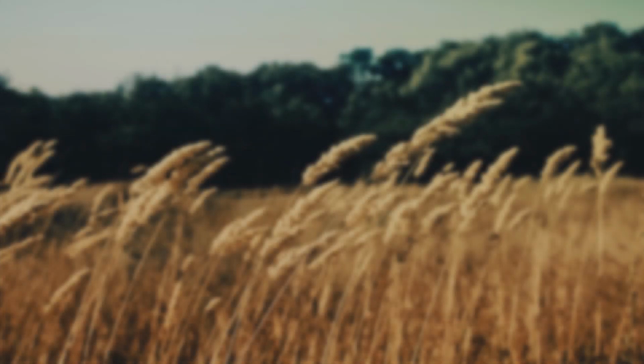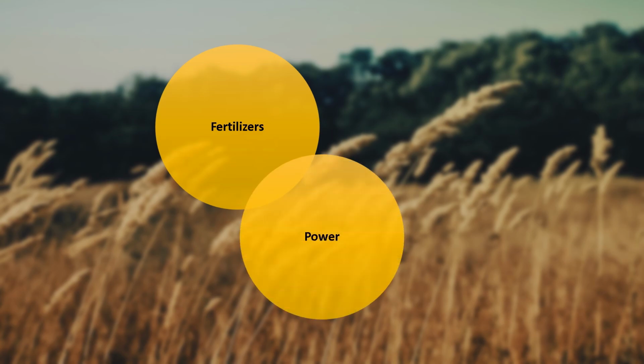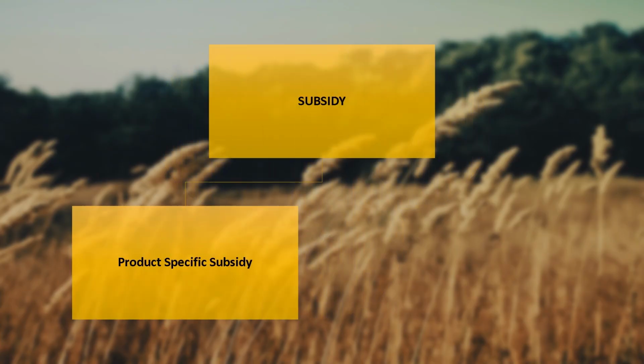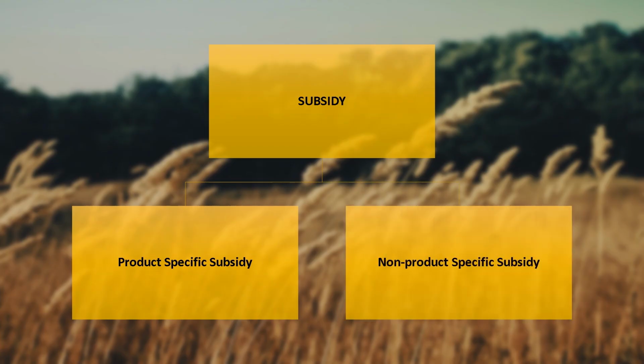The major components of input subsidy in India are fertilizers, power and irrigation. There are two types of subsidy: one is the product specific subsidy, another is the non-product specific subsidy.